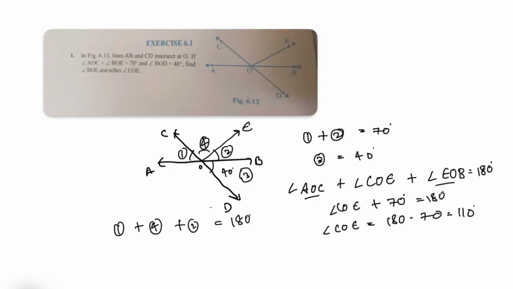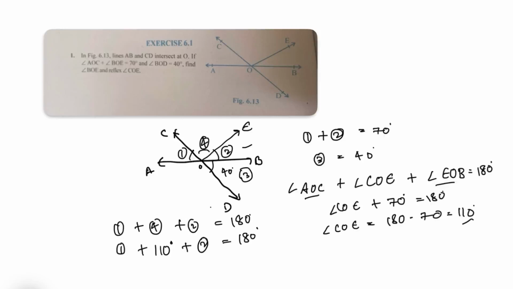And we are supposed to find angle BOE, which is angle 2. So angle 1 plus angle 4, angle 4 is equal to 110, plus 2 degrees, right?